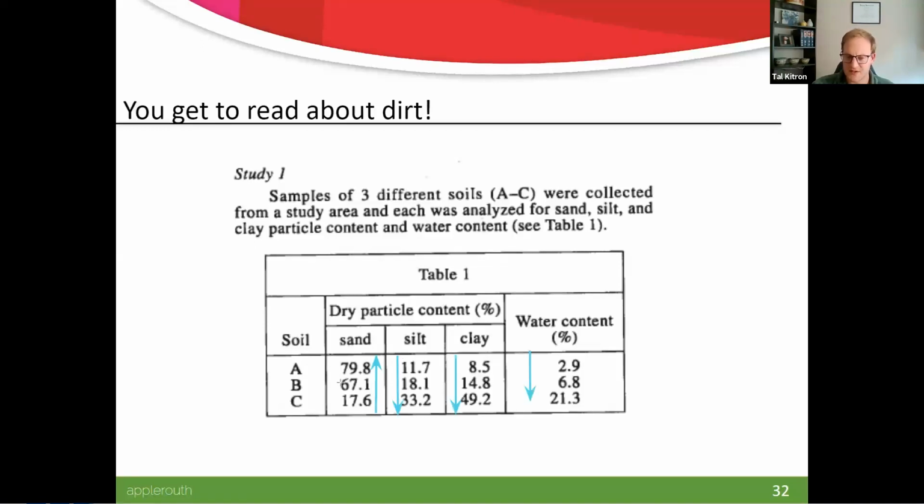Here, what I noticed is as water content increased, clay increased, and so did silt. But as water content increased, there was less sand. Those had an inverse relationship. So if they ask me about relationships, I've got it built in. I don't need to think hard or dive back into the table. So arrows towards big numbers can be helpful.